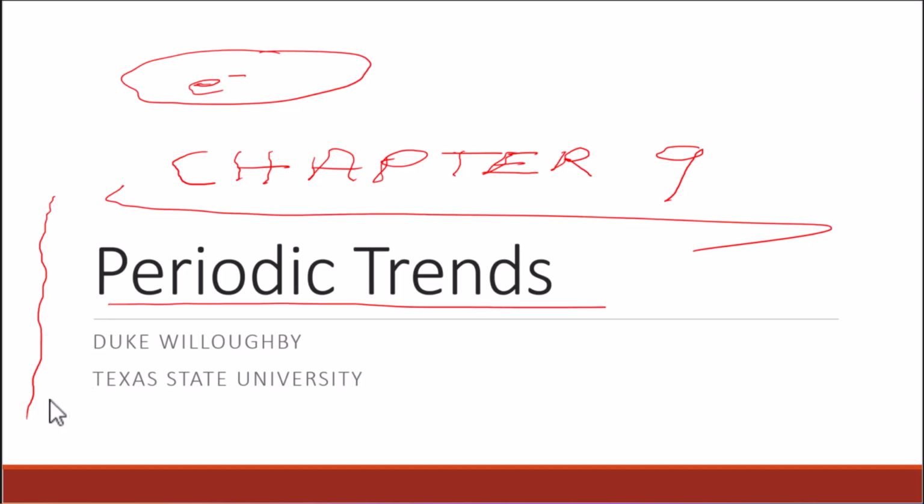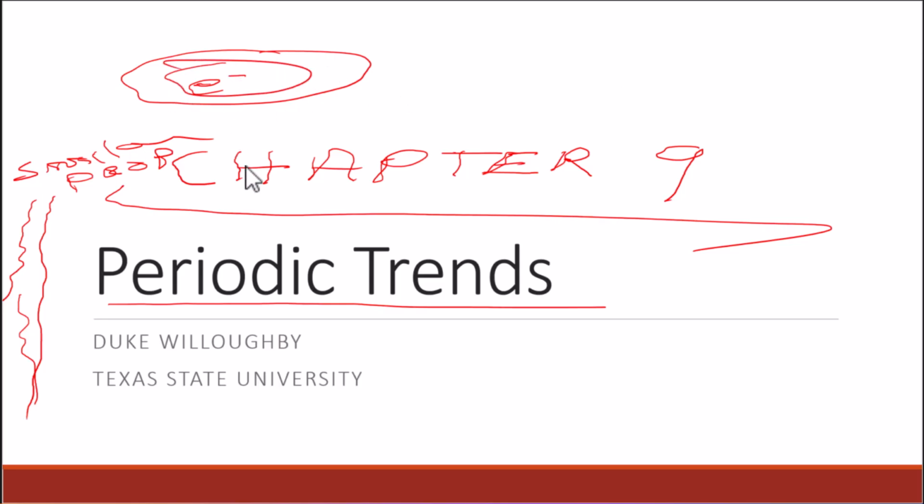They have the same number of electrons in their valence shell, and the electrons in that valence shell are arranged the same way. That's why elements in the same group, the same vertical column on the periodic table, have similar properties. Similar properties, okay? And it's all due to the valence electrons.